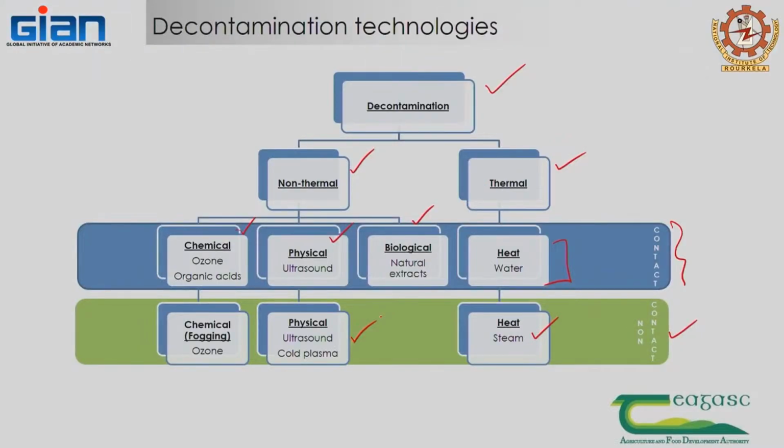That means to inactivate microorganisms, that is non-contact. Physical, ultrasonic and cold plasma. That means same plasma in water becomes contact, that is plasma activated water. That means water is charged with the plasma and then you use that water for washing purposes or put the product directly into a plasma rich environment.